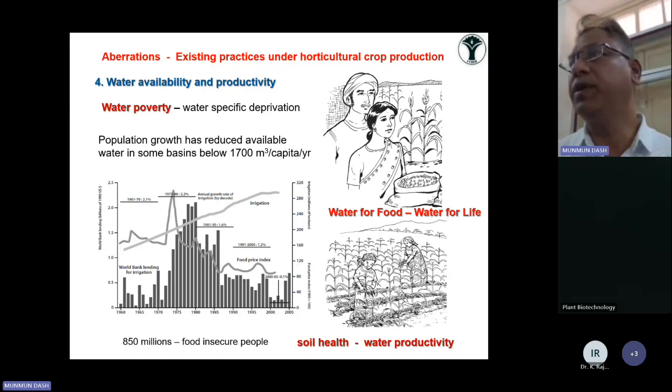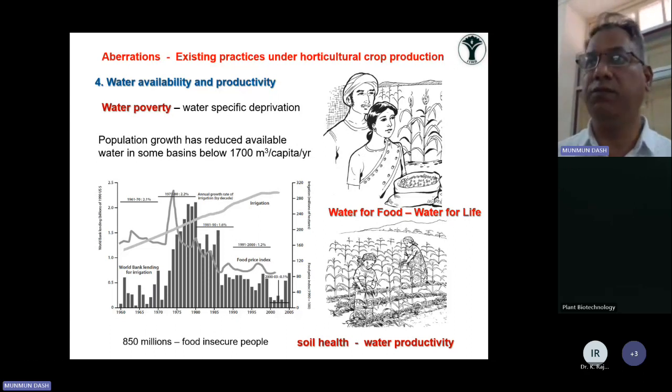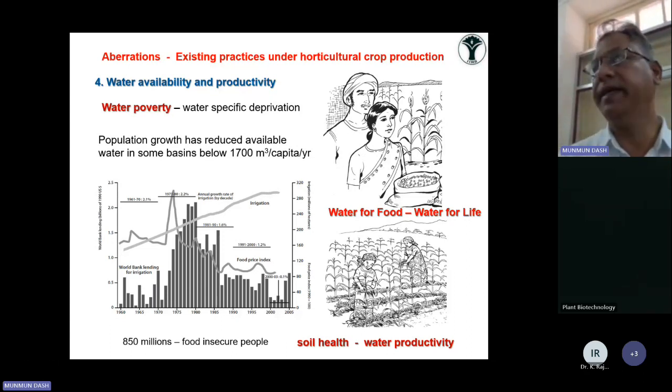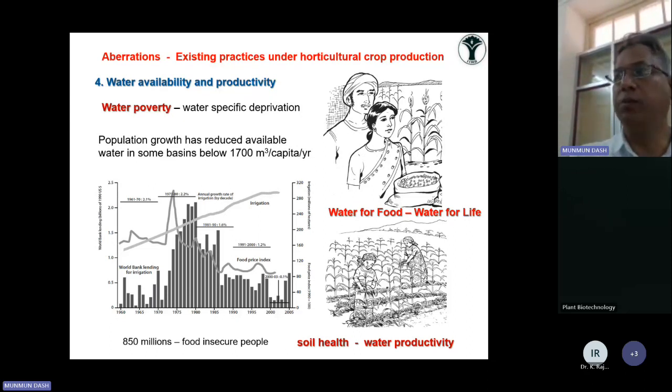The per capita availability of water as of today is only 1,700 cubic meters per year. Looking at the last five decades of data, the requirement for irrigation has gone up to a maximum level, and the annual growth of irrigation is increasing by 0.5 to 2.2%.